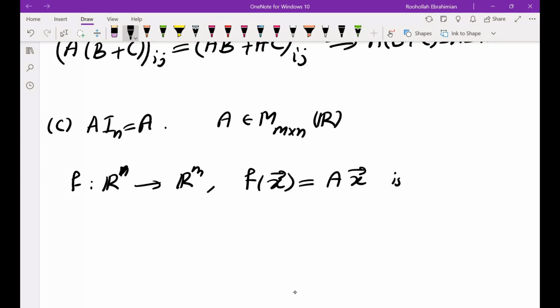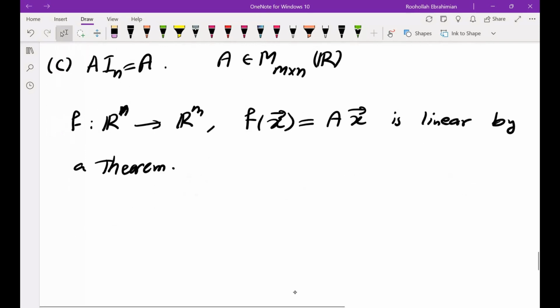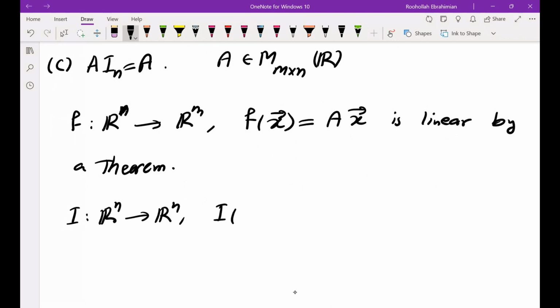We know this is linear by a theorem. Now take that and look at the identity transformation. So identity from Rn to Rn given by I of x equals x is also linear. Again, this was an example that we did.